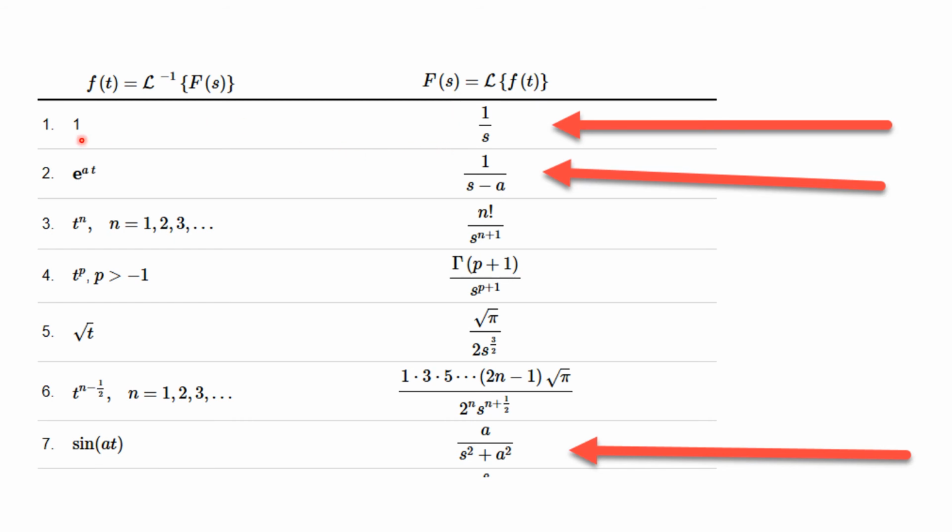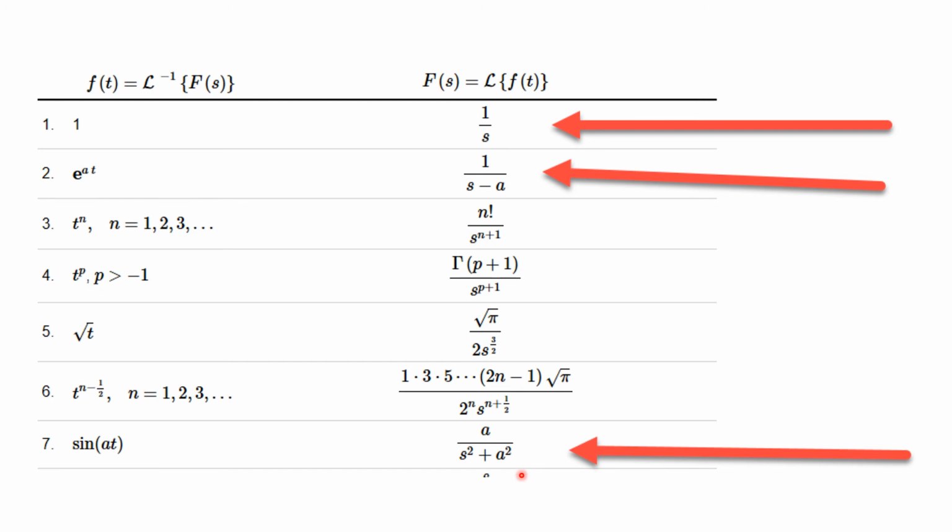So for example, we found the Laplace transform of 1 was 1 over s. We found the Laplace transform of e to the at was 1 over s minus a. We also found that the Laplace transform of the sine of at was a over s squared plus a squared.